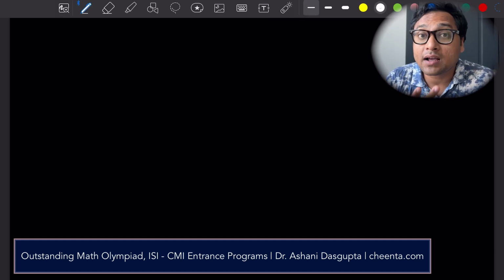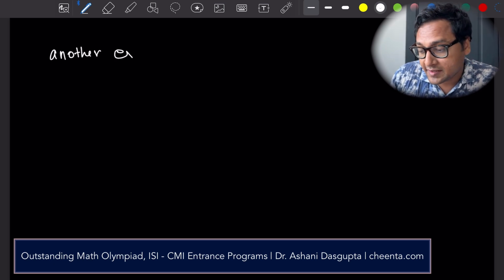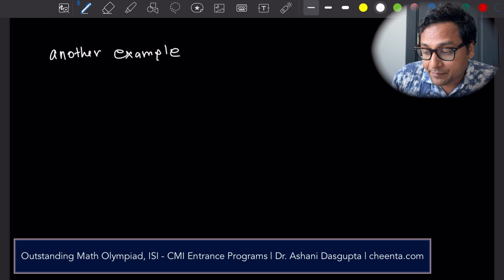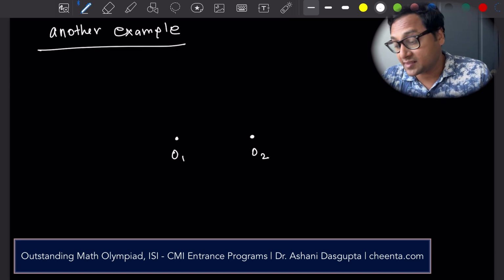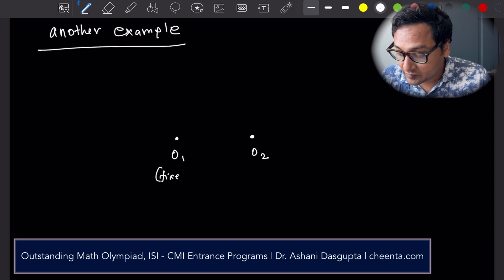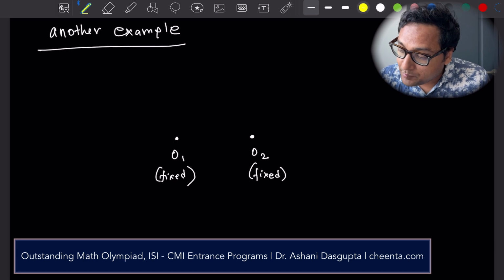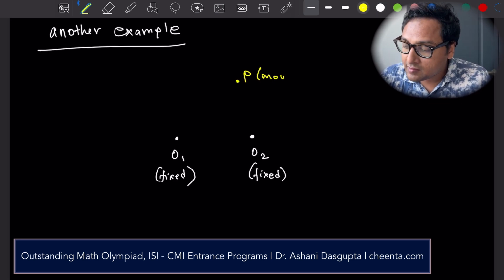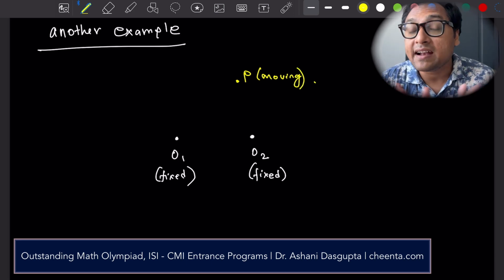Now let's work on another example, okay? This time, let's pick 2 points, let's say O1 and O2, and suppose both of them are fixed. And another point P is moving. The point P is moving, but it's not moving randomly.